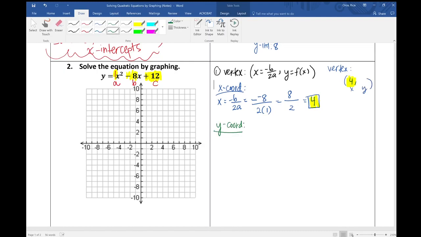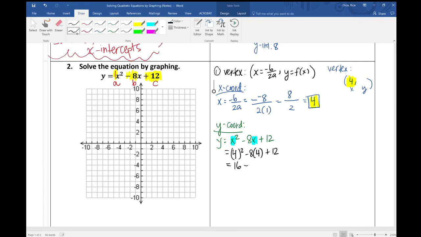For the y-coordinate, take x equals 4 and plug it into your equation. Y equals x squared minus 8x plus 12. Replace the x's with 4. So that's 4 squared minus 8 times 4 plus 12. 4 squared is 16.